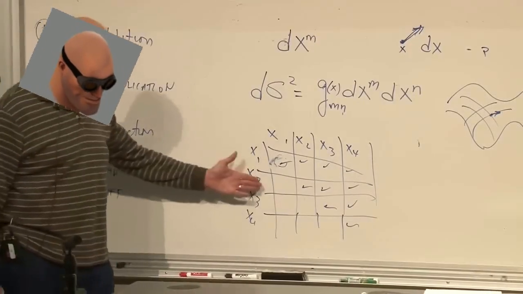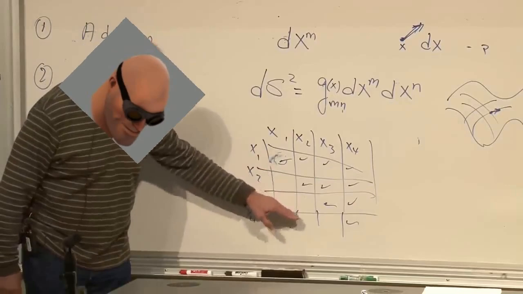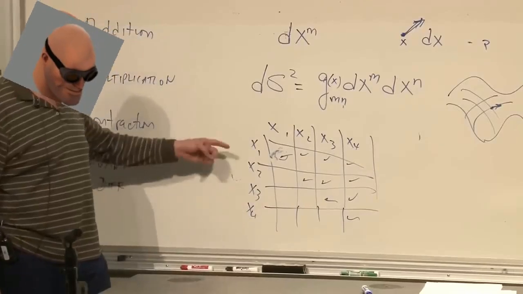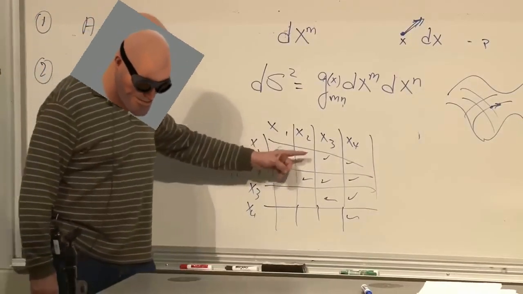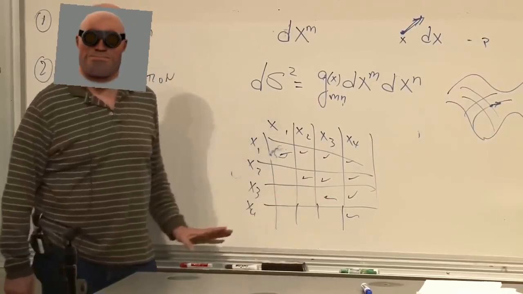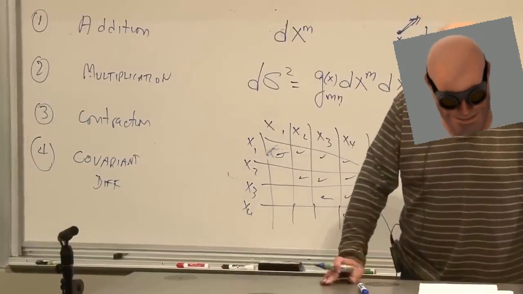But we don't need to count separately the 1,2 and the 2,1. How many are there? 1, 2, 3, 4, 5, 6, 7, 8, 9, 10. 10 independent components of g_mn.